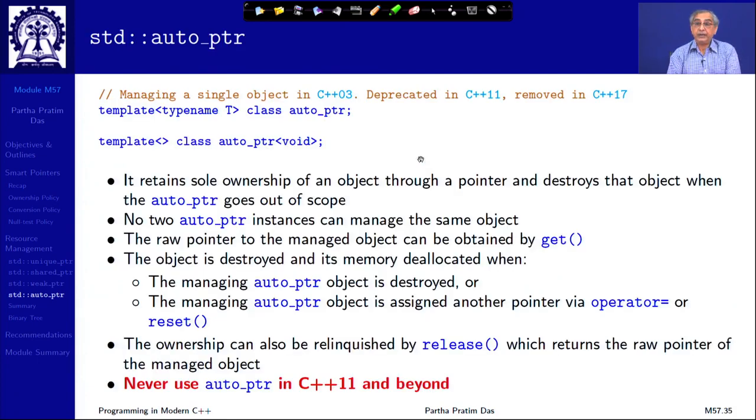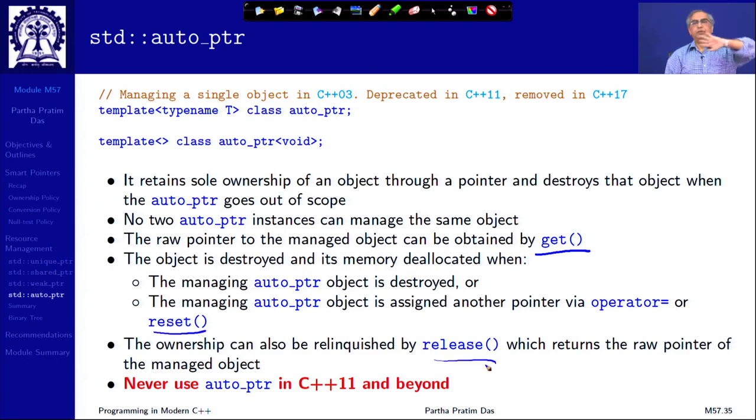You have an auto pointer. This is a historical legacy of C++03, which is somewhat like the unique pointer, but it does not have most of the facilities of that. It could just hold a unique object, and the ownership gets transferred by assignment, and you could extract the raw pointer by doing get, reset, release and so on.